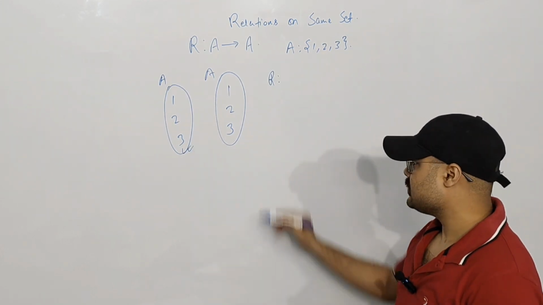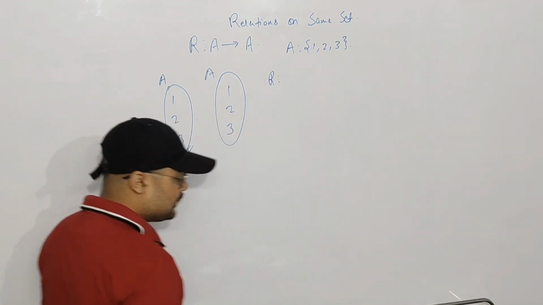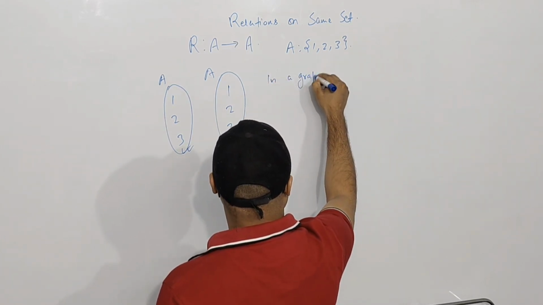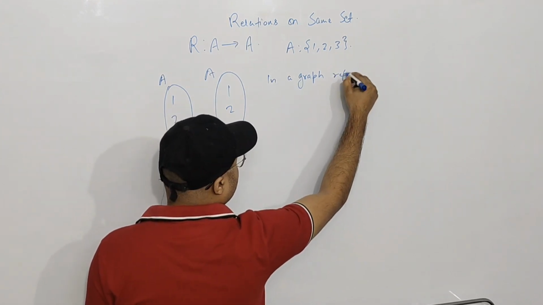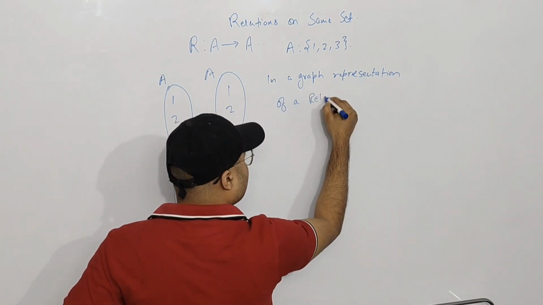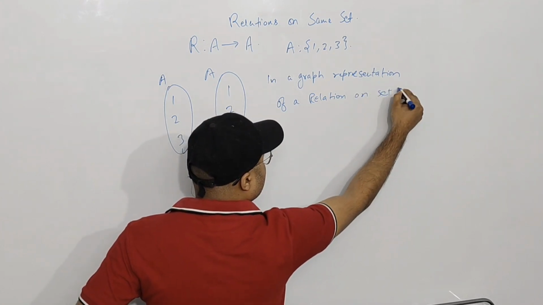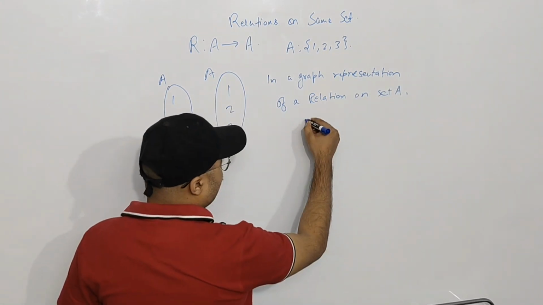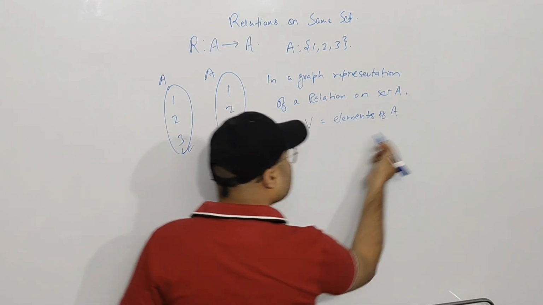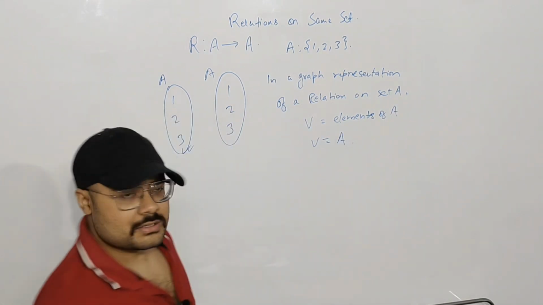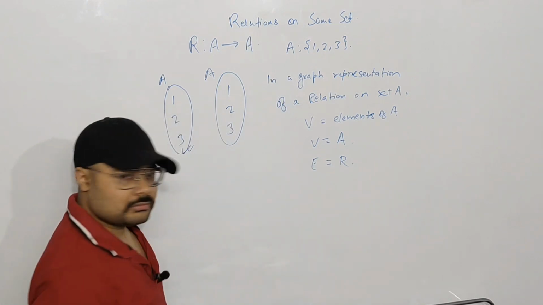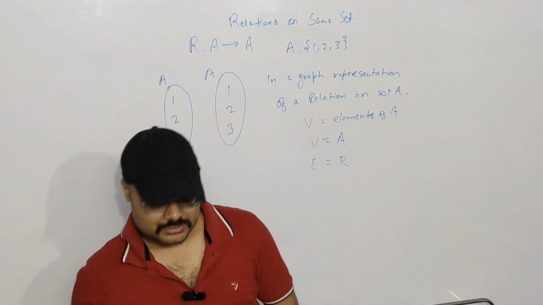Vertices are the elements of A. So in a graph representation of a relation on set A, vertices are equal to the elements of A, or simply the vertex set is the set A, and the edge set is equal to the relation, right?